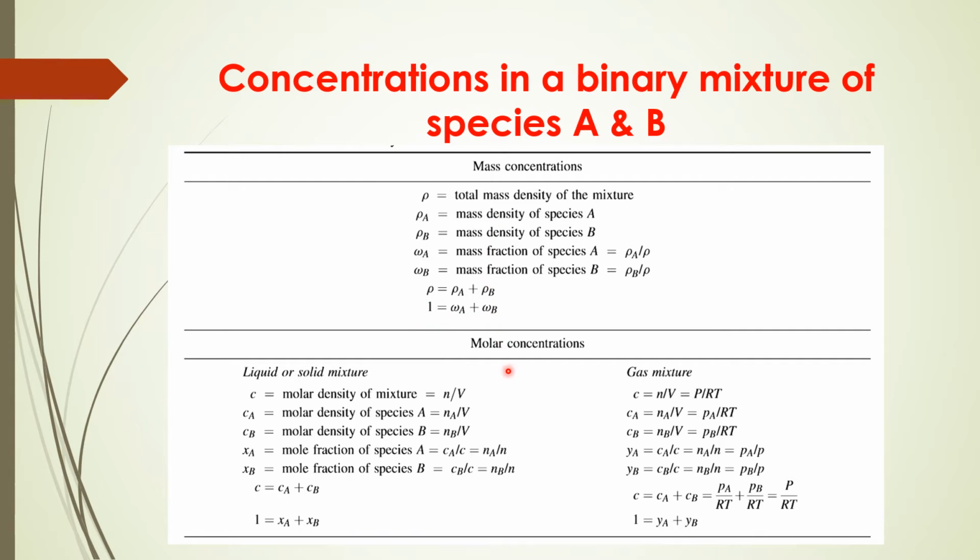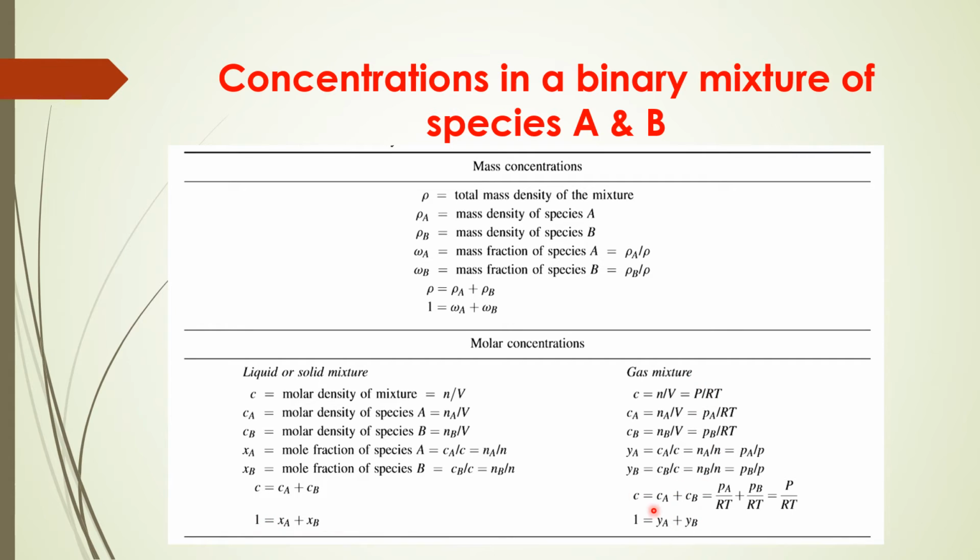Same way, molar concentrations, if you consider, in some books for liquids and solids they will use the mole fraction as X, and only for gases they will use mole fraction as Y. So the same way, the molar density of the mixture C equal to Ca plus Cb, and the fractions Xa plus Xb equal to 1.